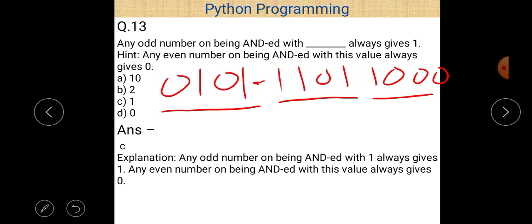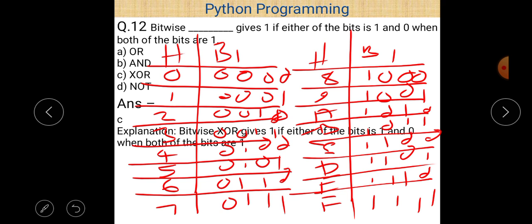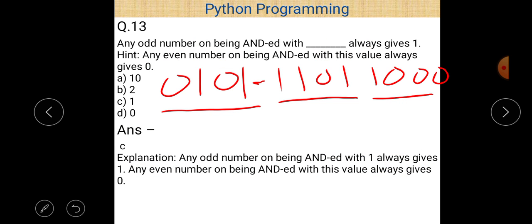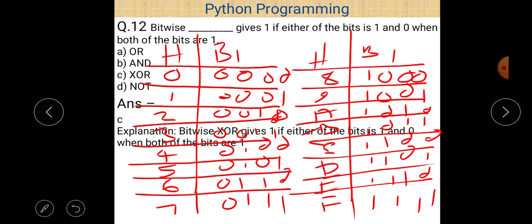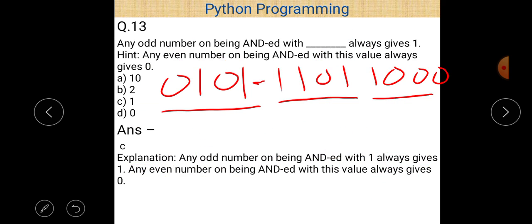Now just write the equivalent hexadecimal code. For example, 0101. So just see the code of 0101. 0101 is represented by 5, so just write 5 here. Then write the decimal point as it is, and then 1101.